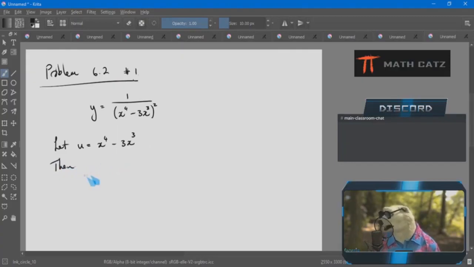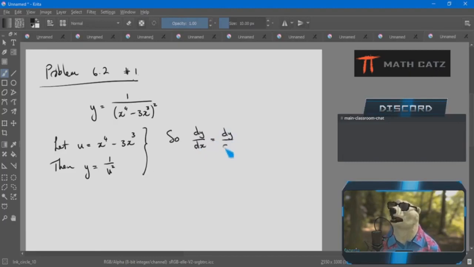Once I've made that choice for my inside function, the outside function, y, is 1 over u squared. These two things help me to set up the derivative, and for the chain rule I use the little d notation.